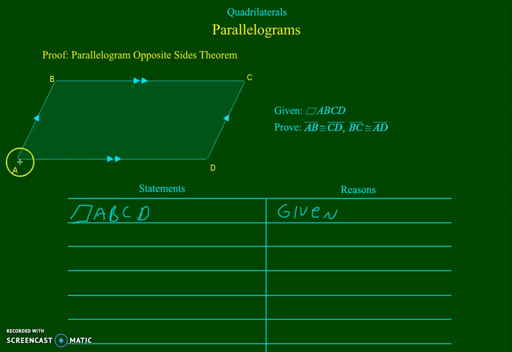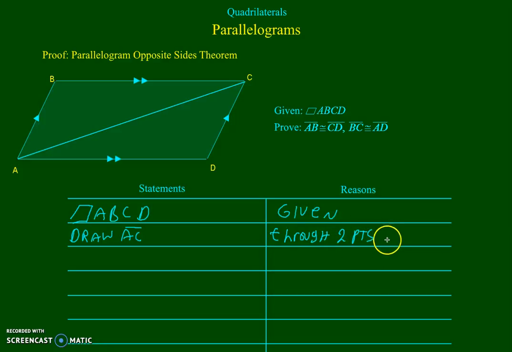The first thing I want to do is draw in this auxiliary line. So let's draw that. And we can write, draw AC, and the reason: through 2 points there is one line.